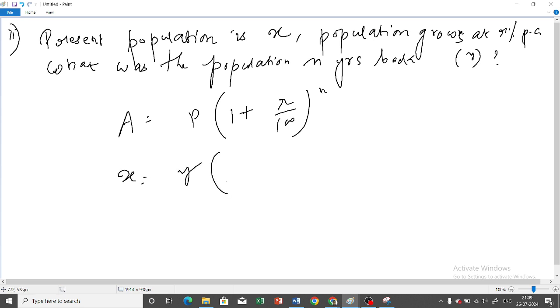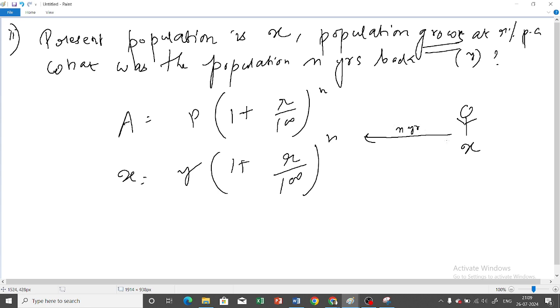Exactly. So Ritama, see, very common mistake. Ritama said we are going to use A is equal to P into 1 minus r by 100. See, here it is given grows. When it is given grows, that means always the growth formula. You are thinking that the present population is x and you have been asked to find what the population was n years back, so you just looked back and subtracted. No, you will always look front, never look back.